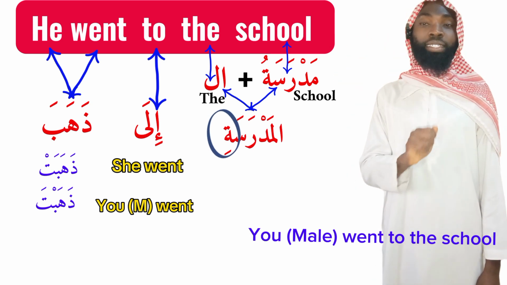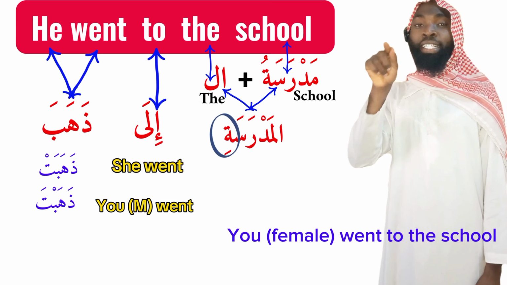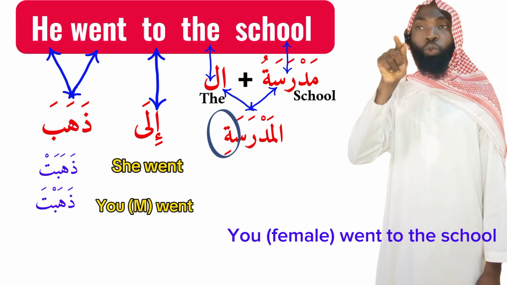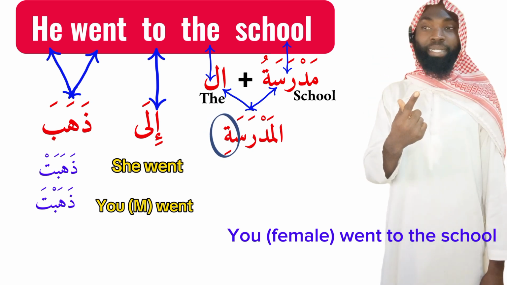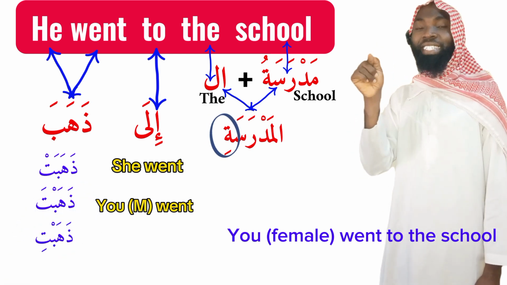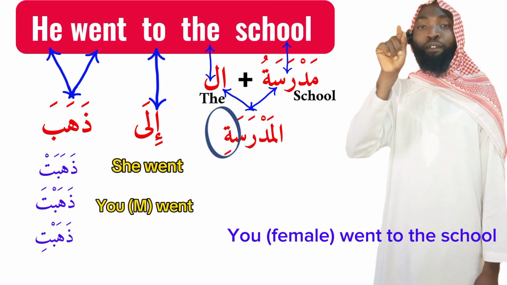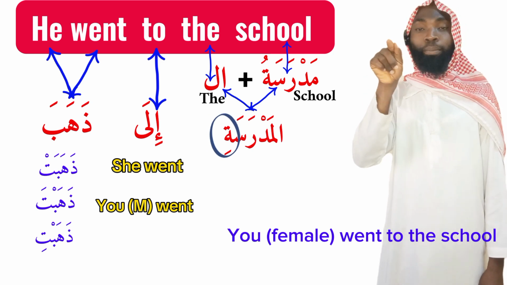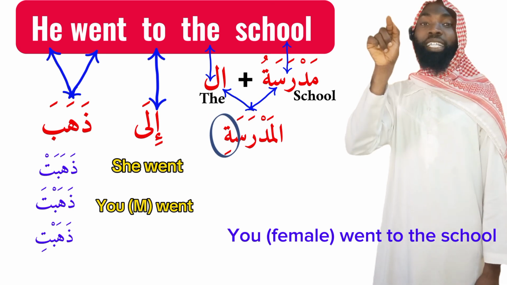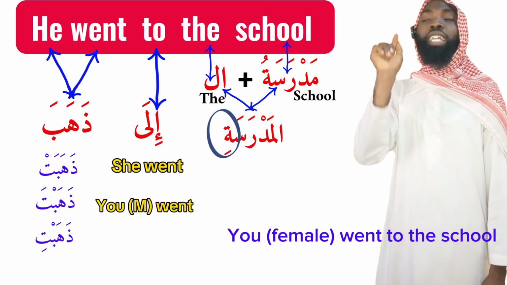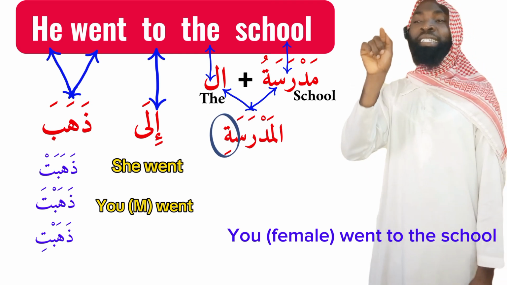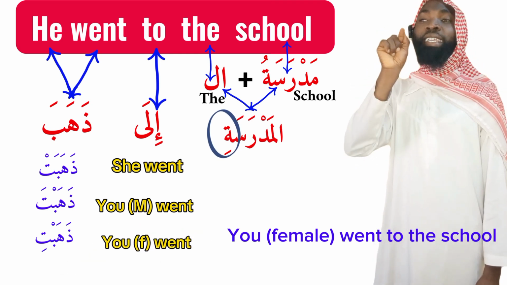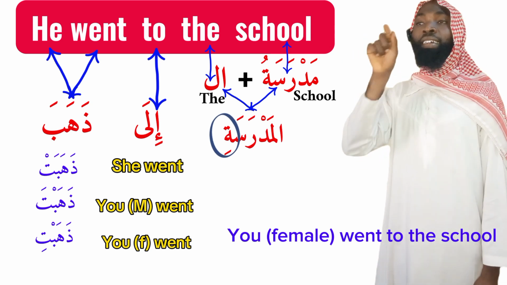The next was, you female went to the school. You went to the school when talking to a female. You simply say dhahabti. Recall that it was dhahabta for the male. Now for the female, you simply change the ta' from fatha to kasra. Now you have dhahabti. You female went ila al-madrasati.